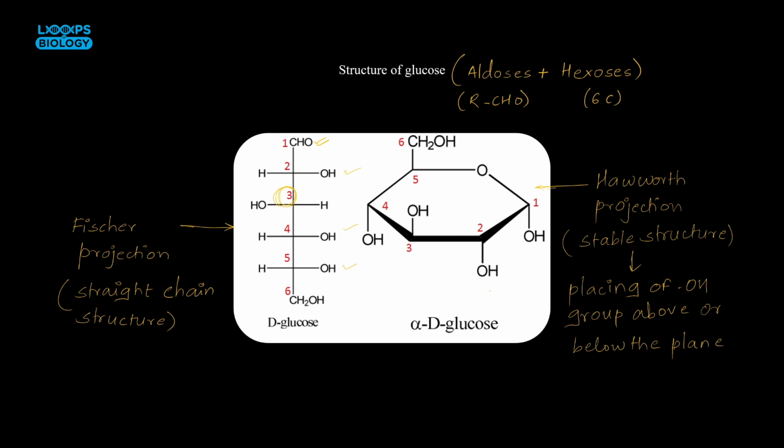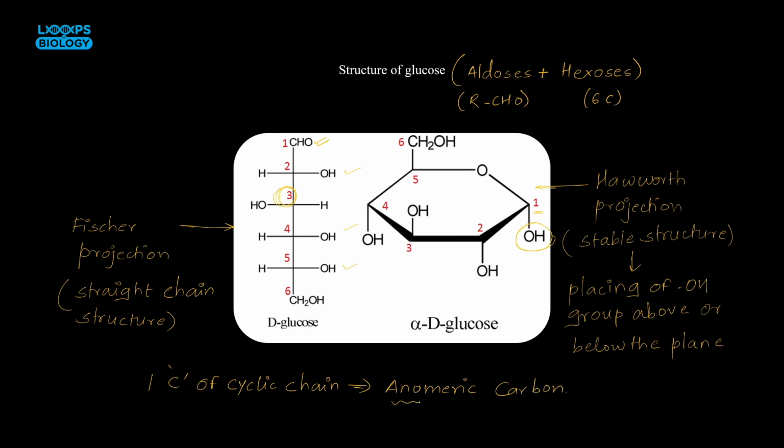Alright, so whenever I'm talking about the OH group on the first carbon of the cyclic chain, guys, the first carbon of the cyclic chain, that is called the anomeric carbon.